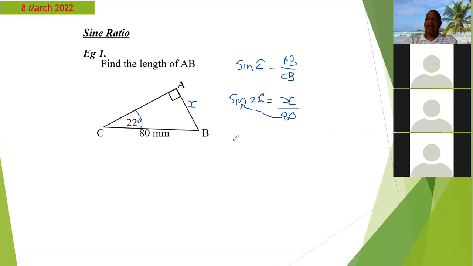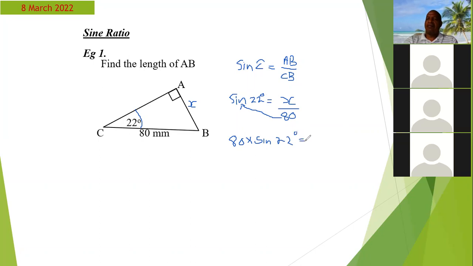So this becomes 80 times sine of 22, and that would equal X, the value for X.